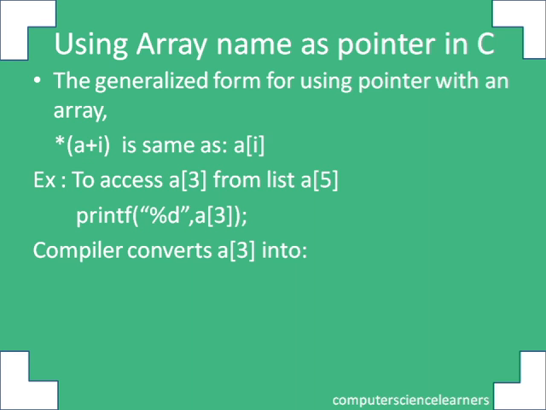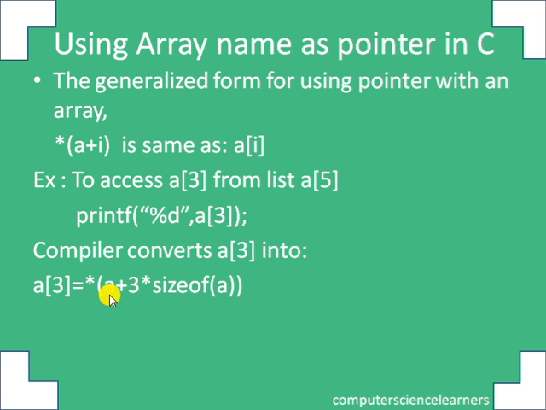Then how the compiler converts: a of 3 is converted as asterisk of a plus 3 into size of a. So here a is the base address of the array, plus the index value 3 into size of a.